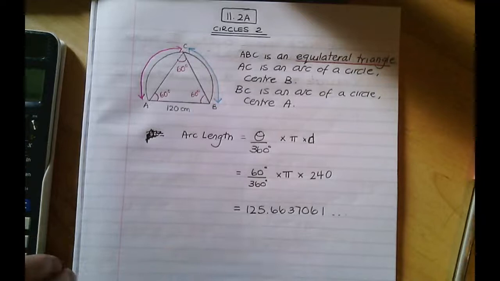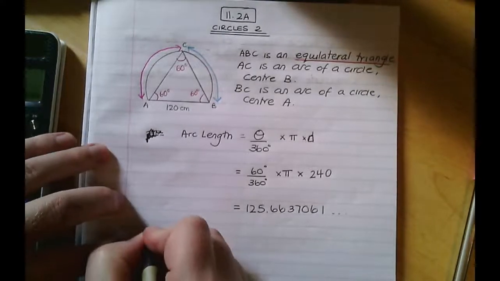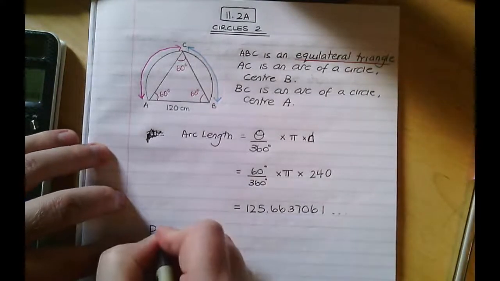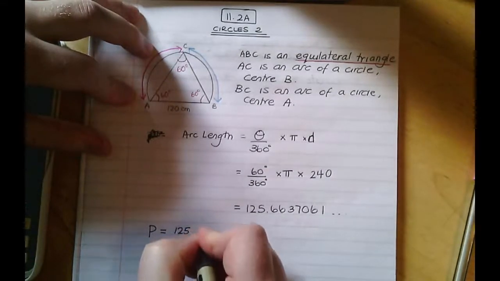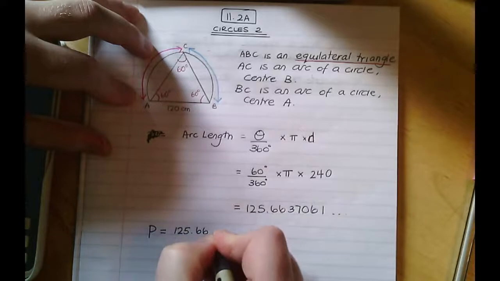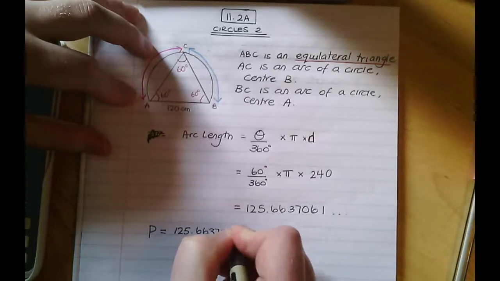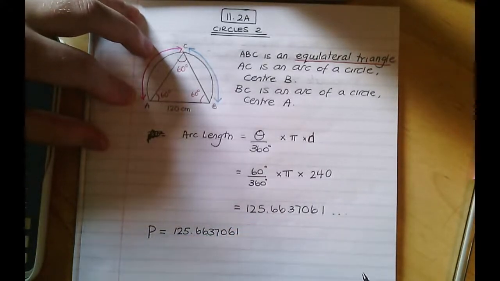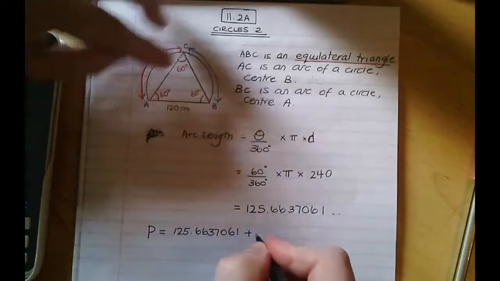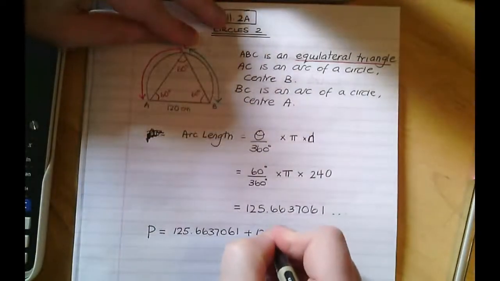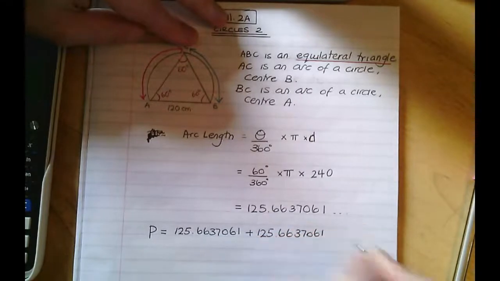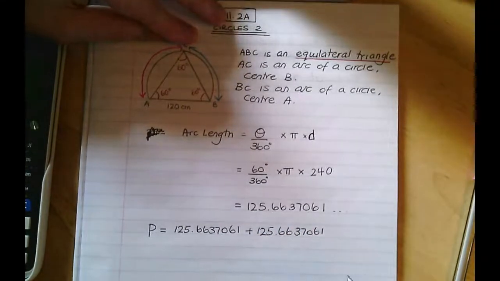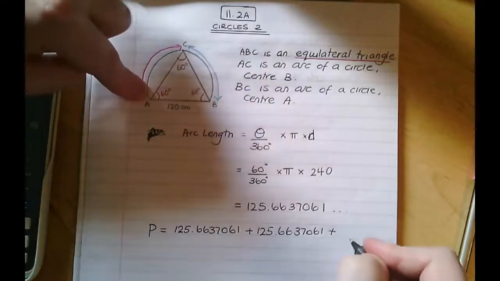Right. So the perimeter is going to be the pink bit, which is 125.6637061, the blue bit, so plus 125.6637061, identical, plus the 120 centimetres.